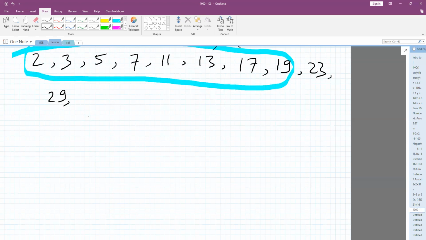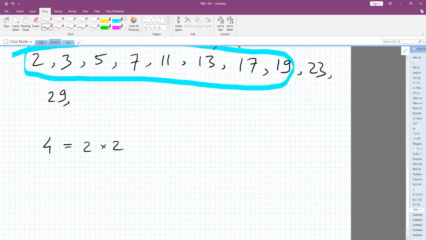So what I mean by that, for example, if you look at the other numbers which are not prime numbers, say you have 4. This is definitely not a prime number because 4 can also be made from 2 times 2, right? So in this example, you see that you can make this number by multiplying 2 times 2.